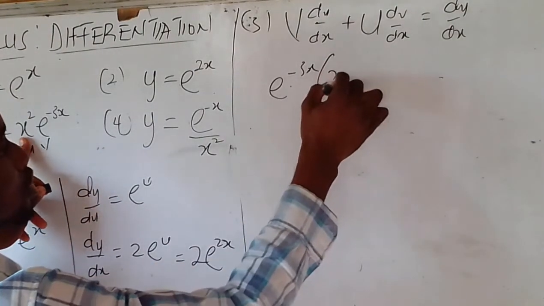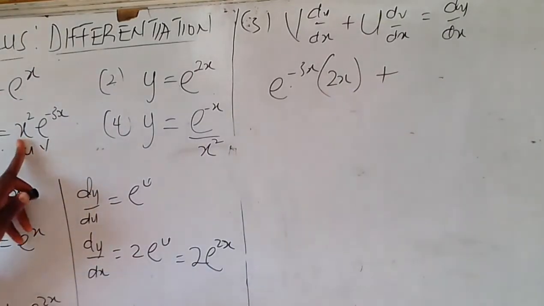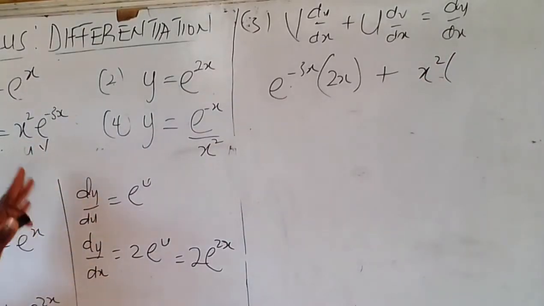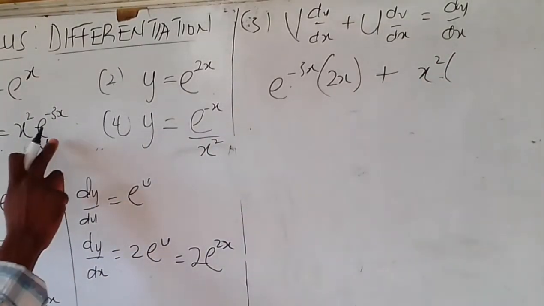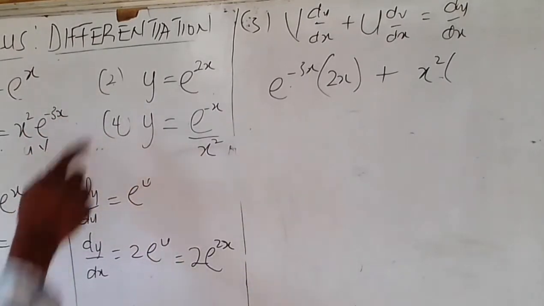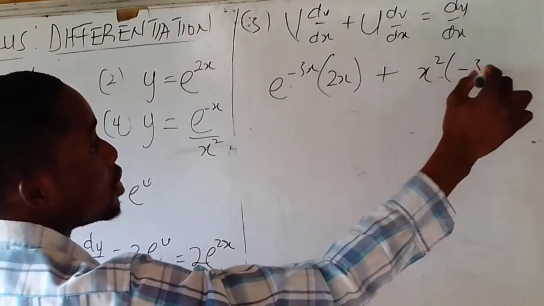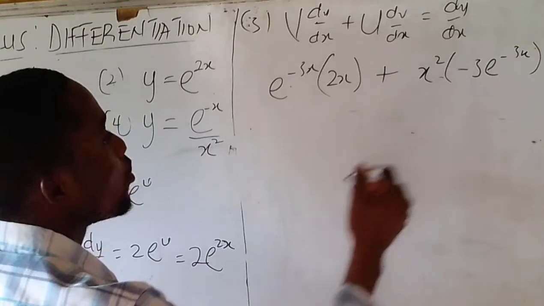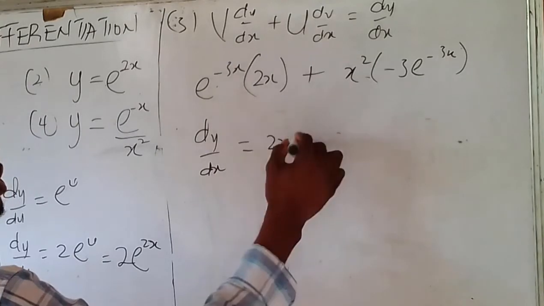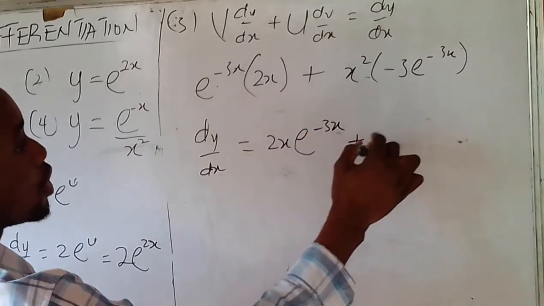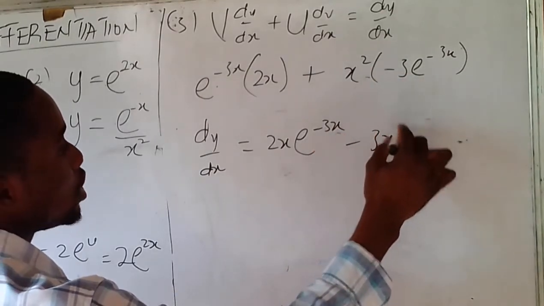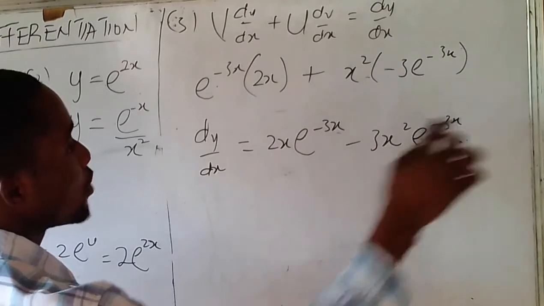Differentiating x squared, I'm going to get 2x. Plus, what's my u? My u is x squared times dv/dx. In this case, we are given exponential minus 3x. As I explained earlier, it becomes minus 3 times exponential minus 3x, which becomes minus 3 exponential minus 3x. So dy/dx now becomes 2x, bring it to the front, exponential minus 3x plus, now plus and minus becomes minus, minus 3x squared exponential minus 3x.